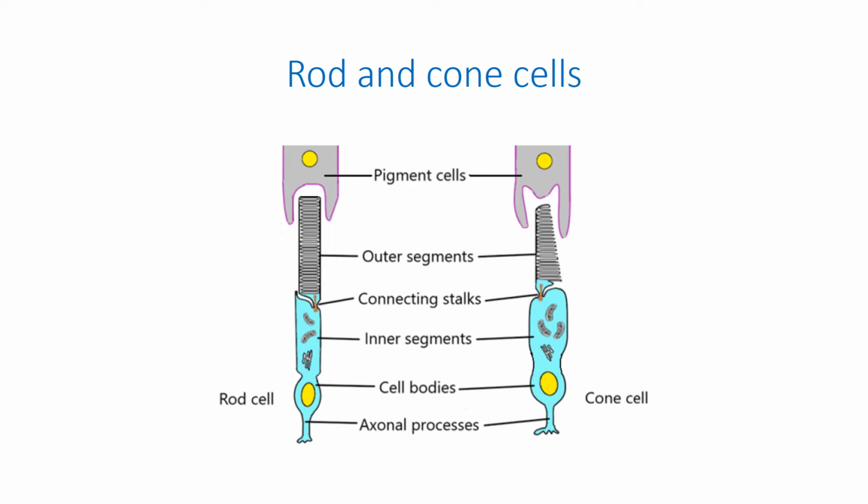That's why it is also called visual purple. Rhodopsin is a G-protein coupled receptor that consists of protein molecule scotopsin, one of the large family of opsins, and covalently bound cofactor retinal aldehyde of vitamin A.